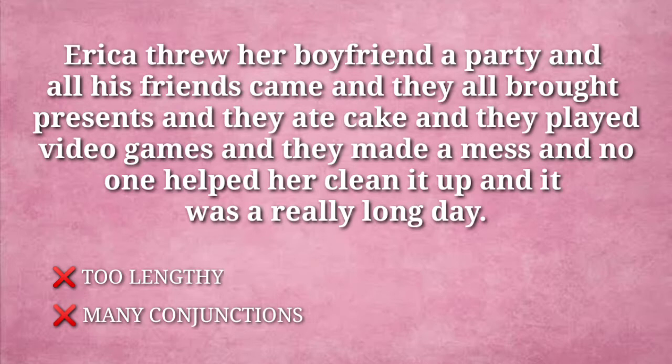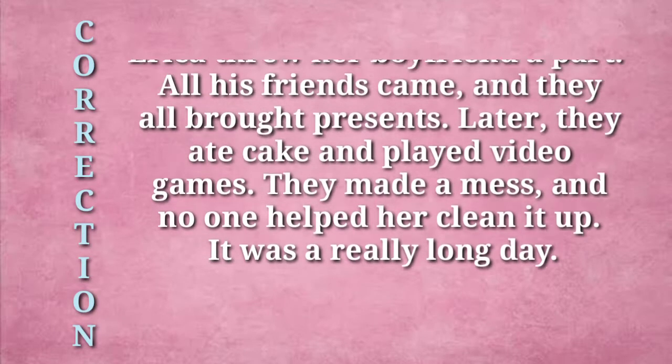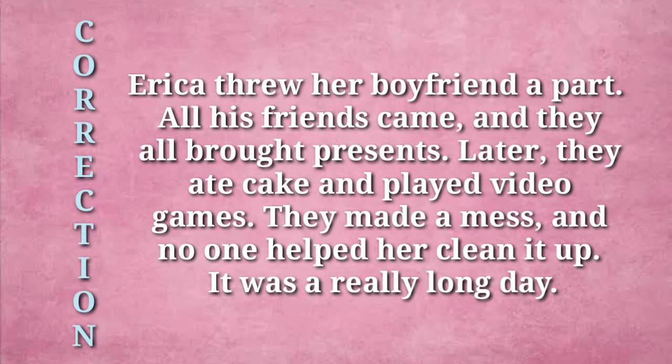To correct this run-on sentence, we can use commas or periods. We can make it this way: Erica threw her boyfriend a party. All of his friends came and they all brought presents. Later, they ate cake and played video games. They made a mess and no one helped her clean it up.